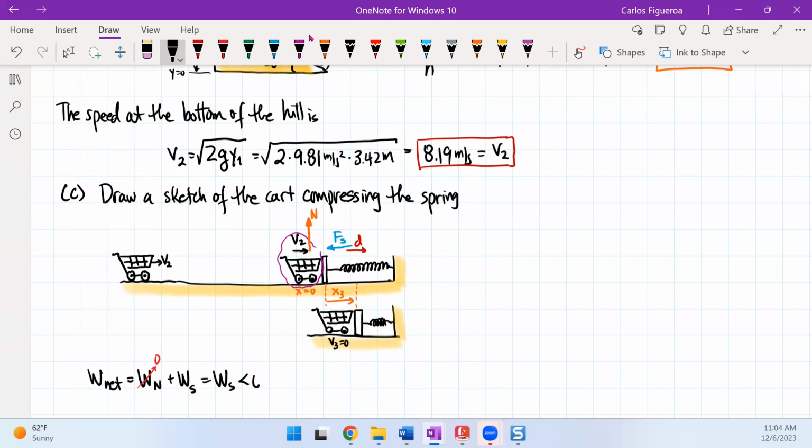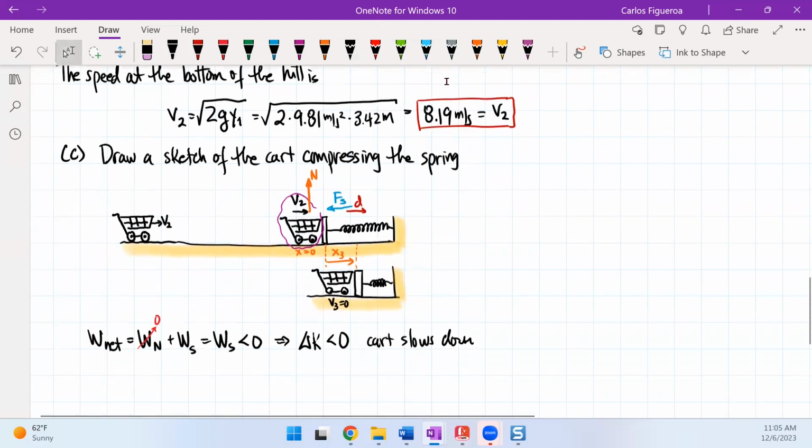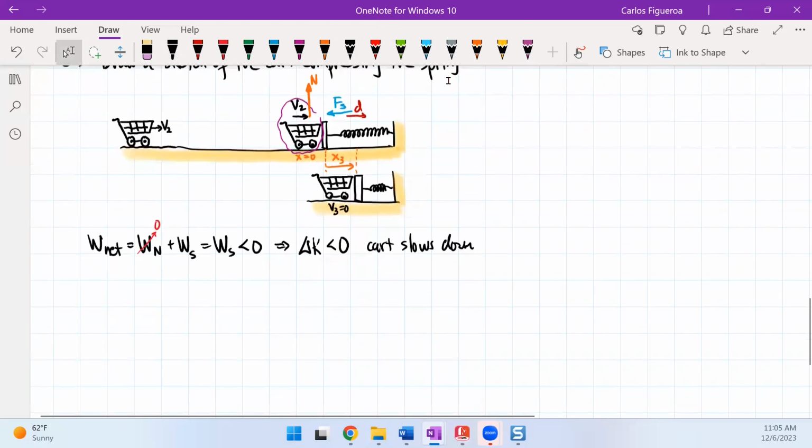So this guy is negative, which then implies that the kinetic energy decreases. And if the kinetic energy decreases, then we know that the cart slows down.